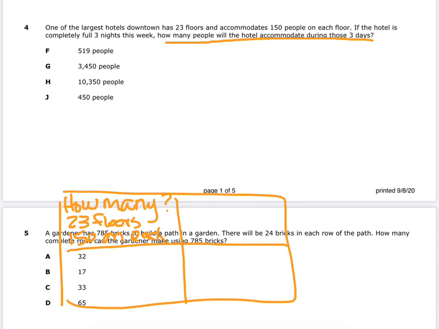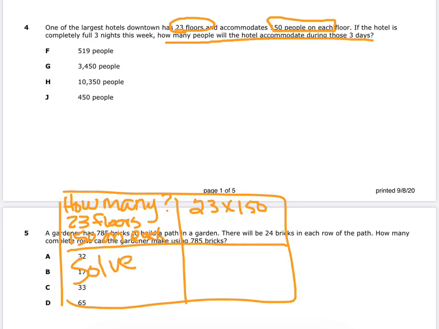And they want to know 3 nights, right? So one of the largest hotels has 23 floors and accommodates 150 on each floor. So you're going to take 23 times 150. Okay, this is my solve.